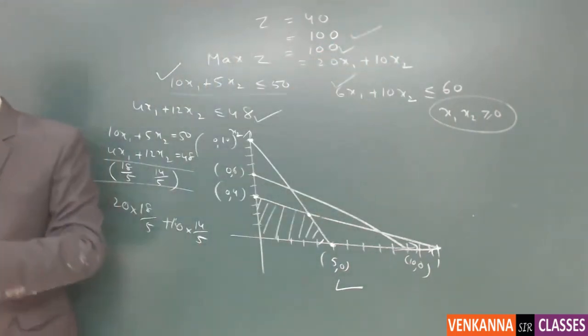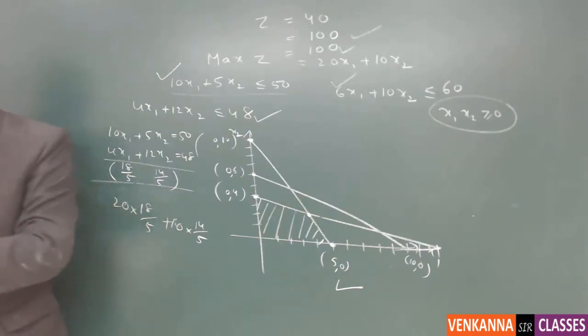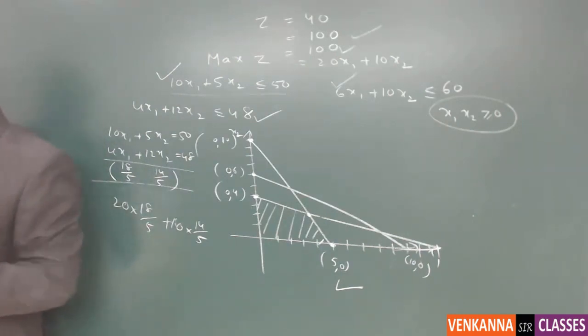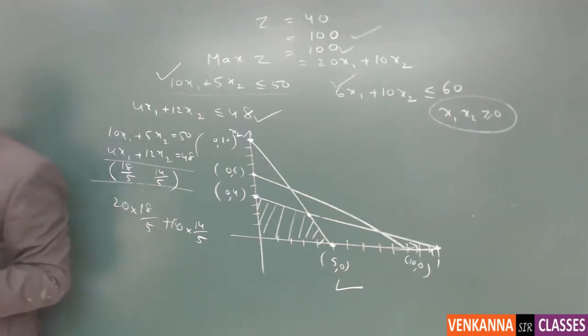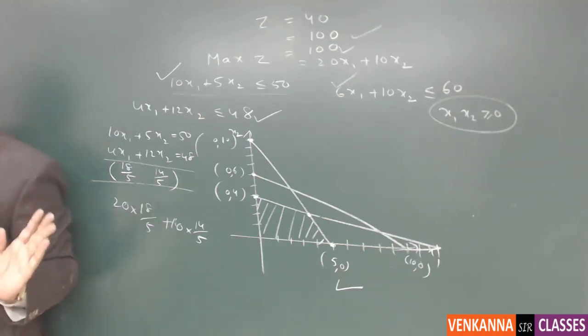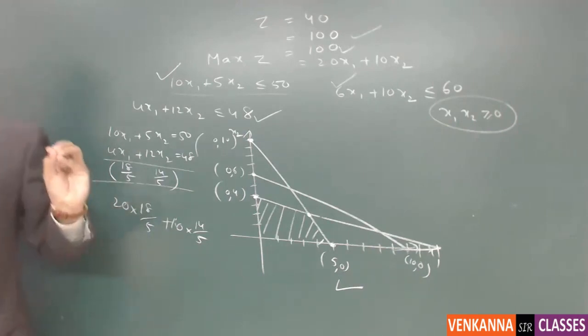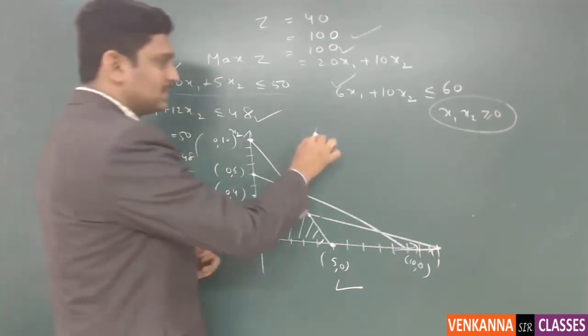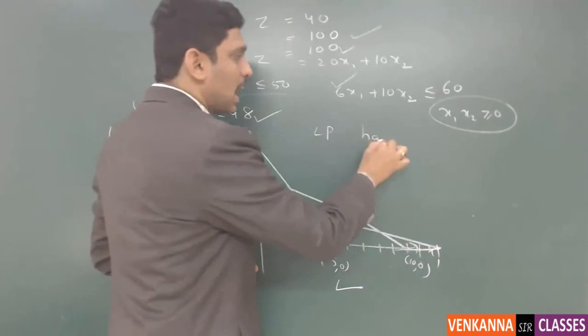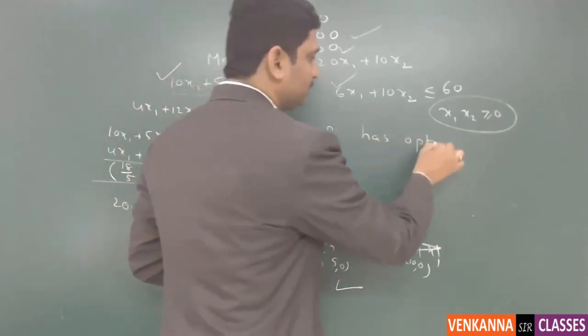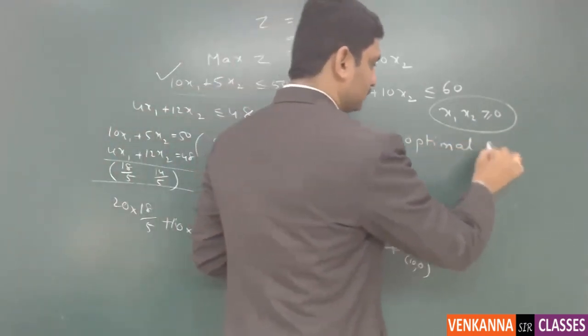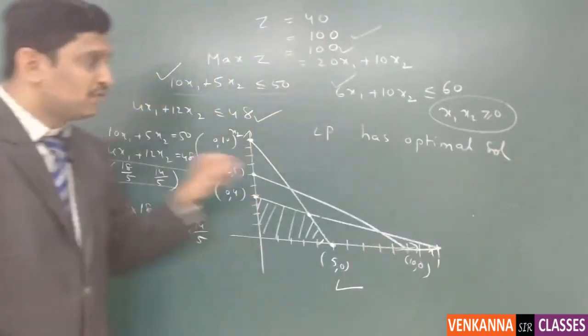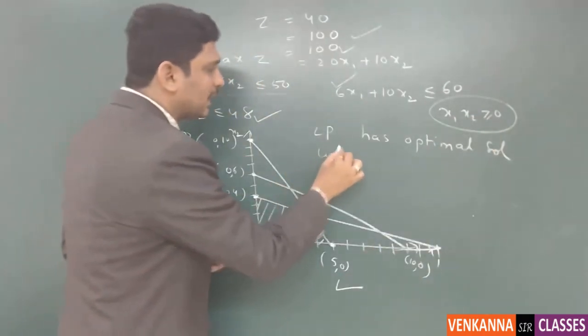But it is achieved at 2 distinct points. Accepted? Yes or no? So the conclusion here is the given LP has an optimal solution which is not uniquely determined.